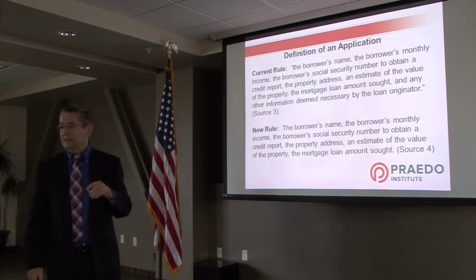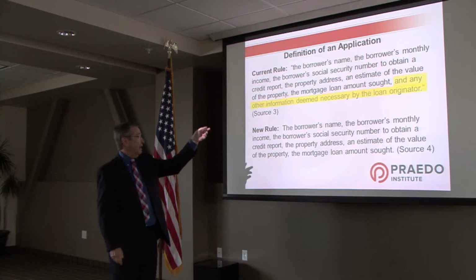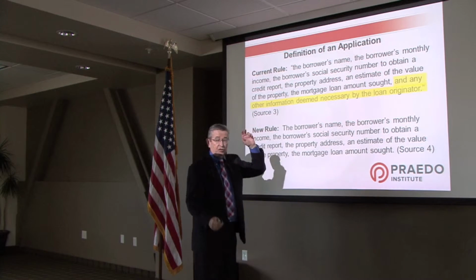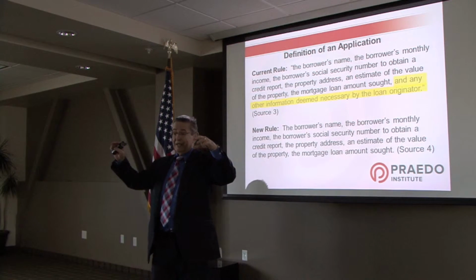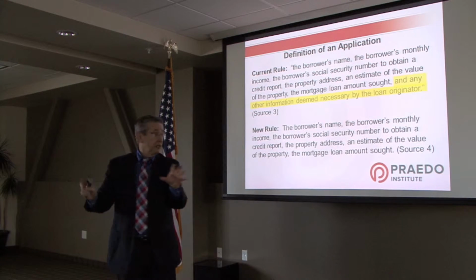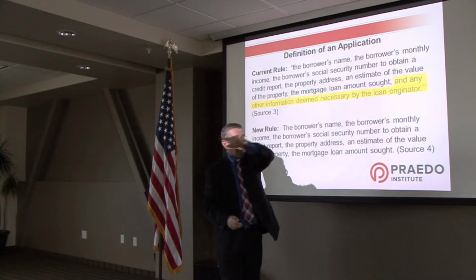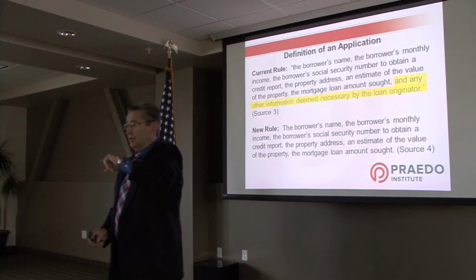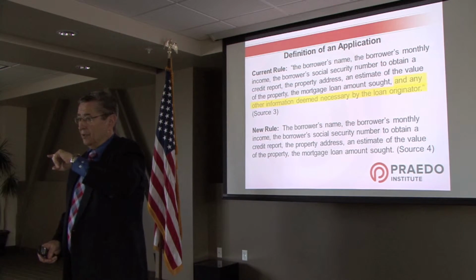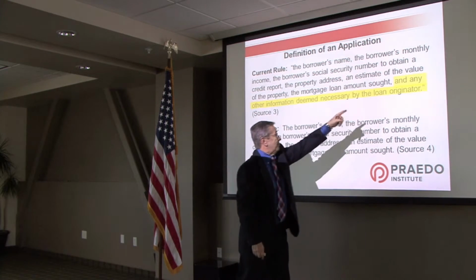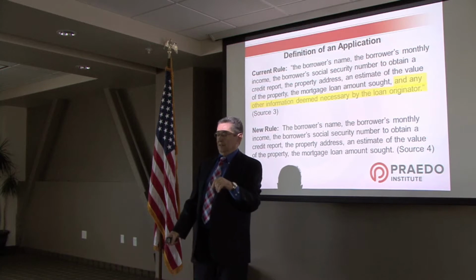The difference is right at the tail end of it, that highlighted area right there. The way it currently reads, the loan officer or the lender can define the application with those different things included and any other information deemed necessary by the loan originator. All right? The new rule is word for word the same, except that tag is off.